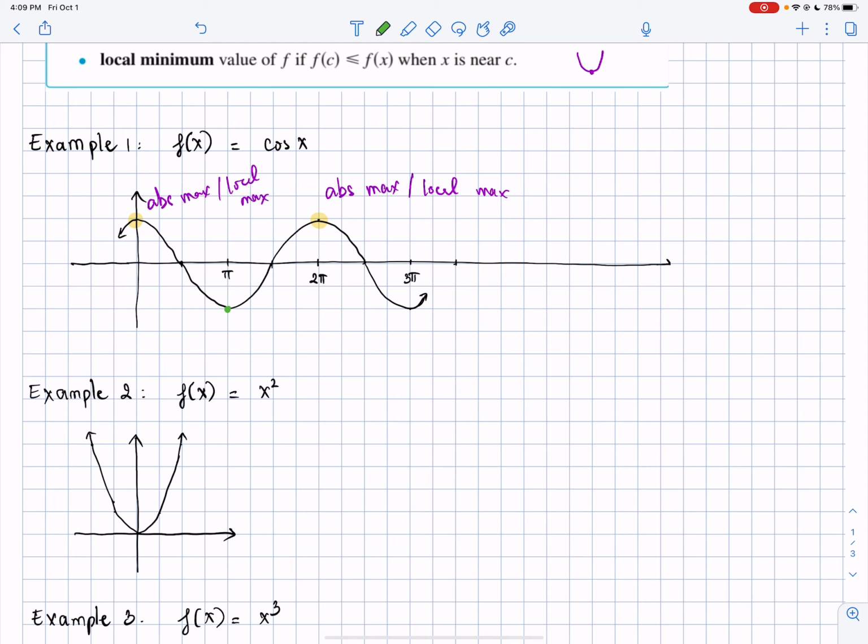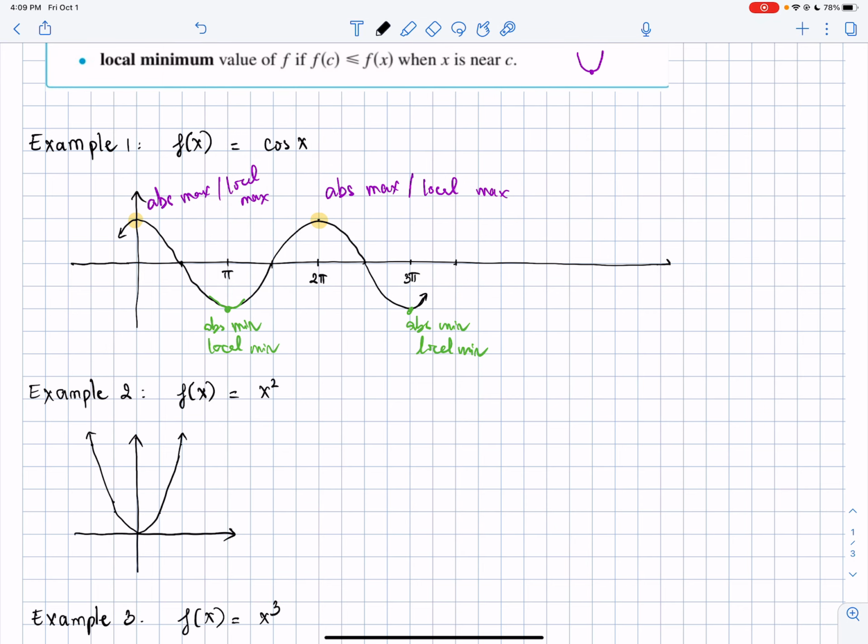At the bottom we have those points, and at those points we have the smallest value, which is -1. So this is the absolute min, and we also have a valley, so this is local min. So how do we write it down?